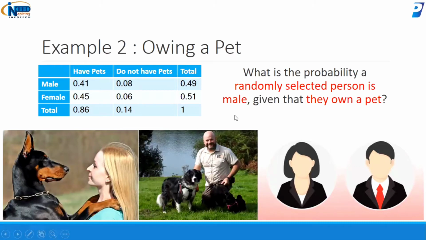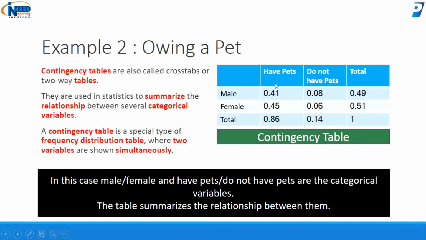In the next slide, we are going to discuss this table first before identifying the probability. You might have seen this table in some more examples, and it is called a contingency table, or cross table, or two-way table. Why such a name?